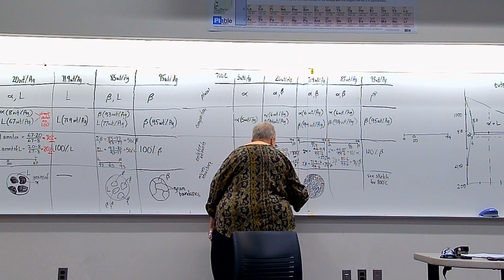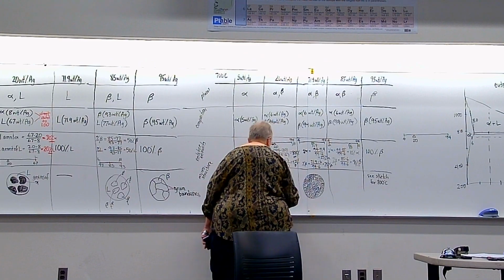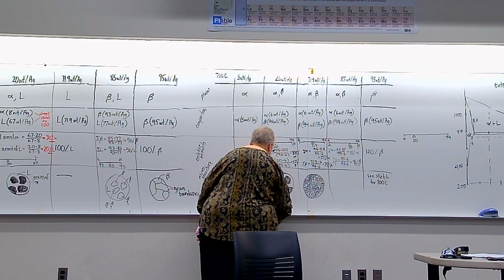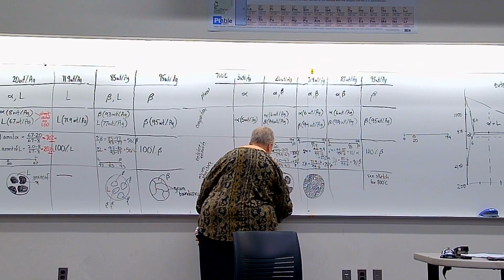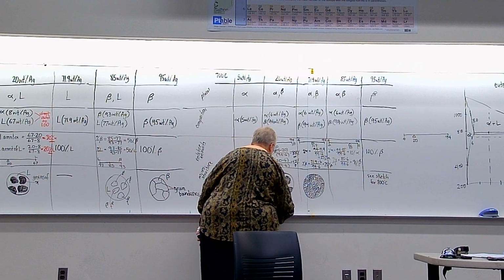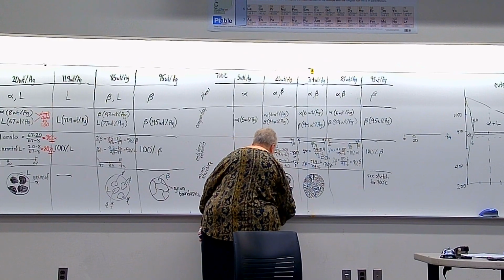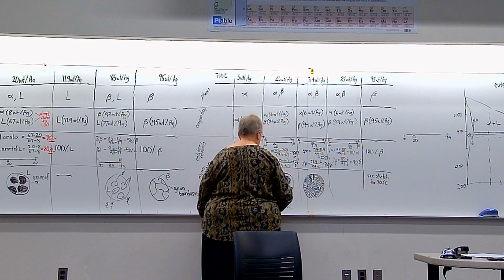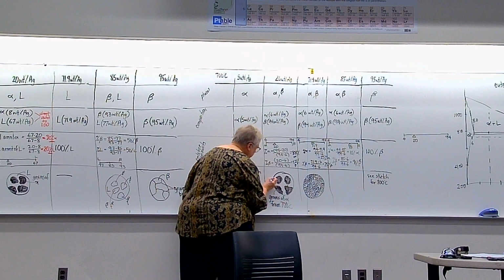So the original grains of alpha are still there, and wherever there was liquid, I made the striped microstructure.